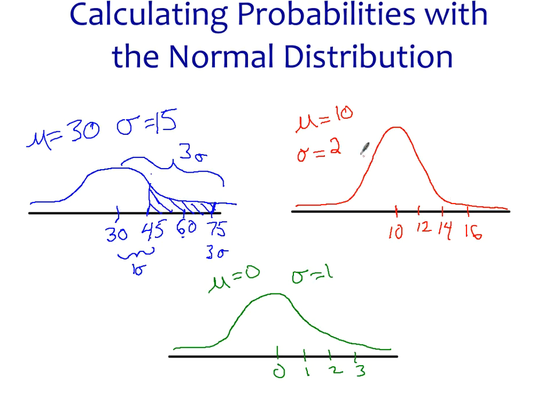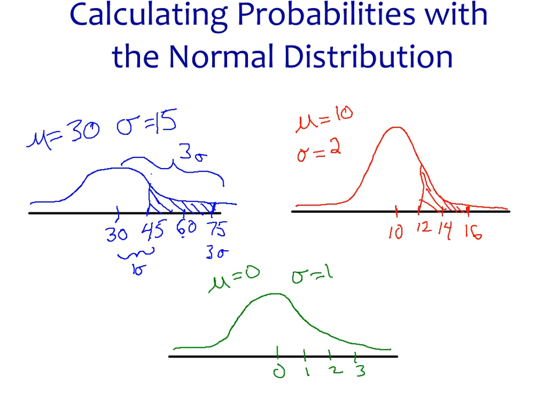That's the same in this normal distribution as going from 12 to 16. Why is that the same thing? Because 12 is 1 standard deviation above 10, and 16 is 3 standard deviations above 10.